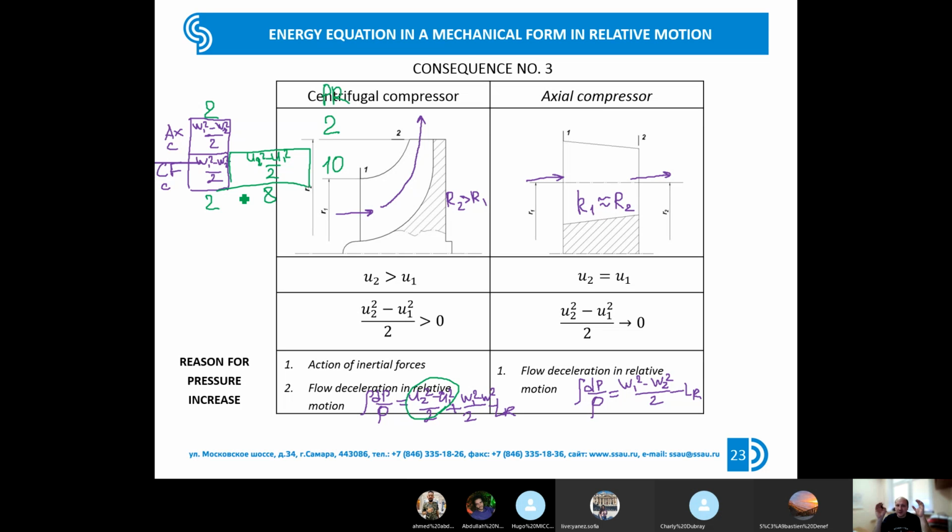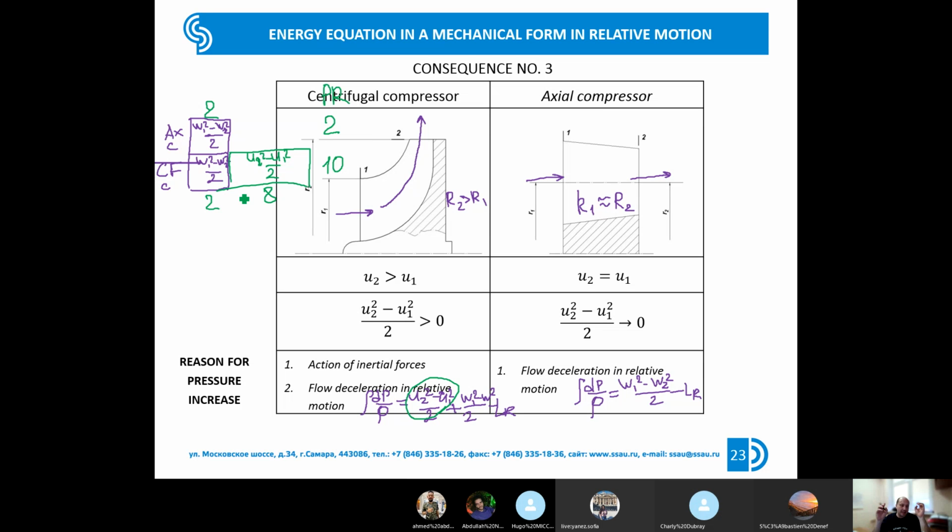So, in other words, what I want to say to you is that in the axial compressor, for increasing pressure, we are supplying only flow deceleration in relative motion. Simply said, it's 2 units, 2 pieces of energy, which we spend for increasing pressure.